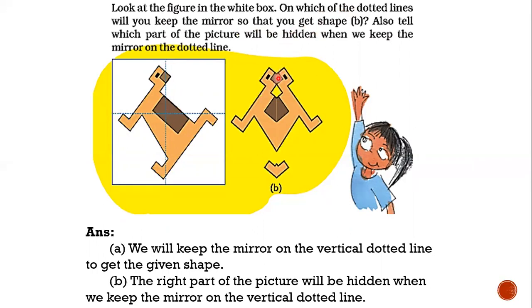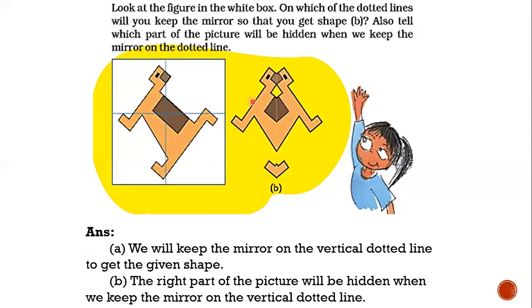If you keep the mirror in this position only, you are going to get the mirror reflection like the right side. And for getting such a mirror reflection, you have to keep the mirror along the vertical dotted line, so that we will get a mirror image like this.